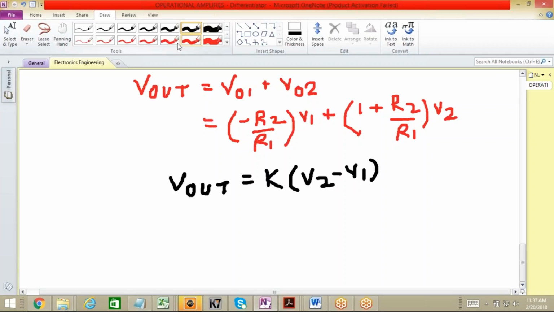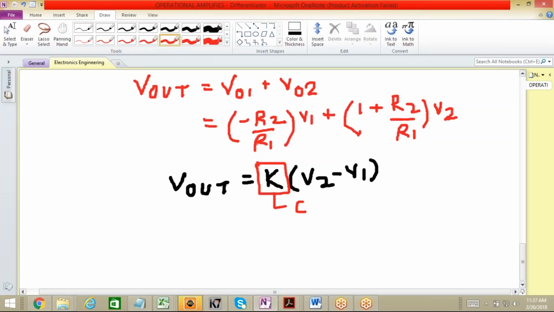Here, this is my constant, right? In this case, we need to ensure that the gain applied to both the inputs should be equal. So suppose the gain applied to both inputs is R2 upon R1, then we can use this configuration as a differential amplifier.